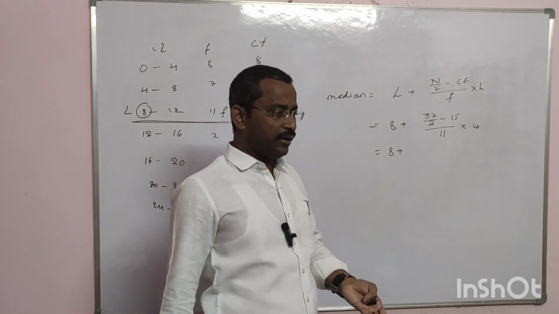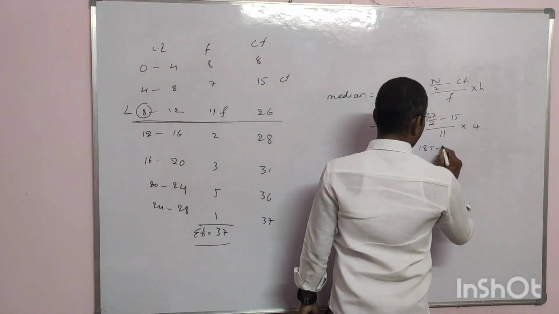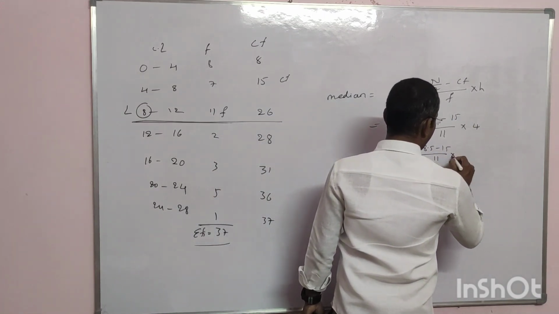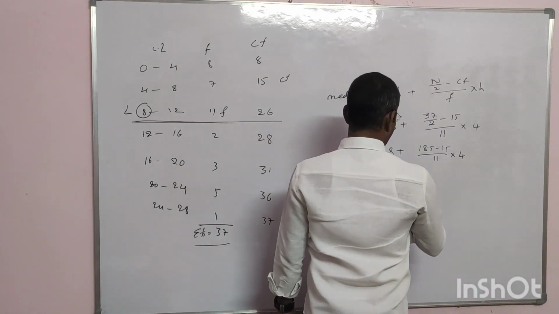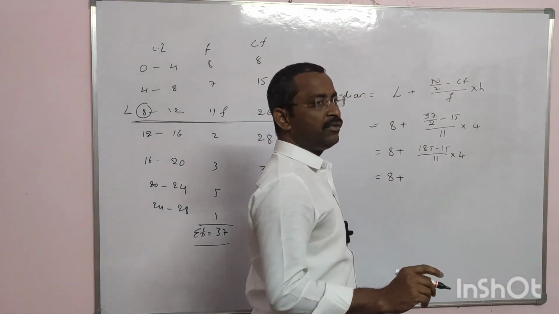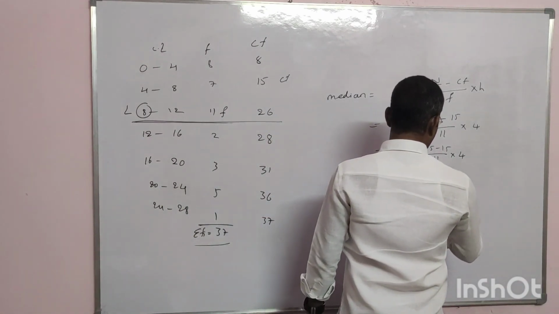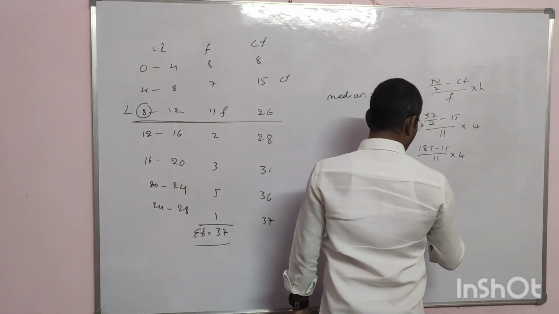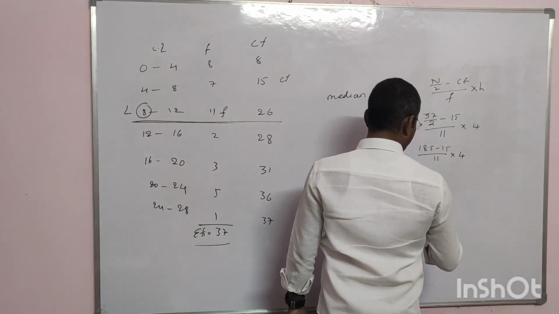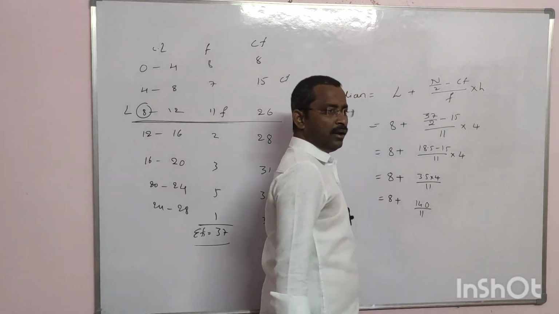So 18.5. So 18.5 minus 15 by 11 into 4. So 8 plus (18.5 minus 15), that is 3.5, into 4 by 11. 8 plus 3.5 into 4, 14.0 by 11.